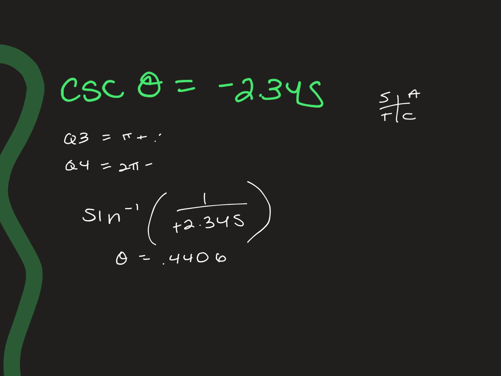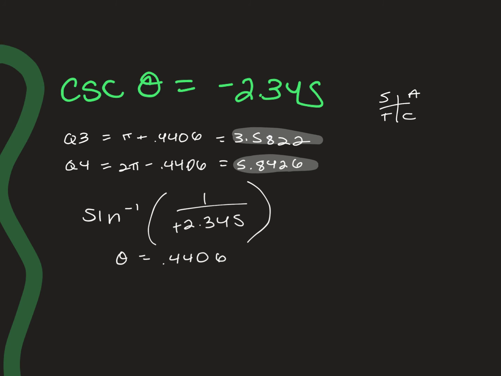So then I'm going to add it to pi, and then I'm going to subtract it from 2 pi. So pi plus 0.4406, 3.5822, 2 pi minus 0.4406, 5.8426. And those are my 2 answers.